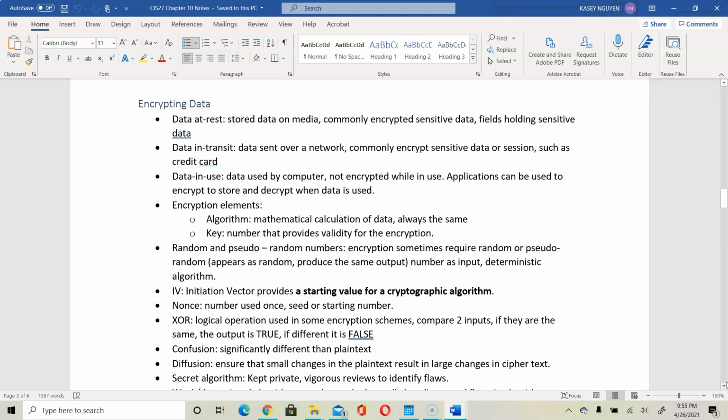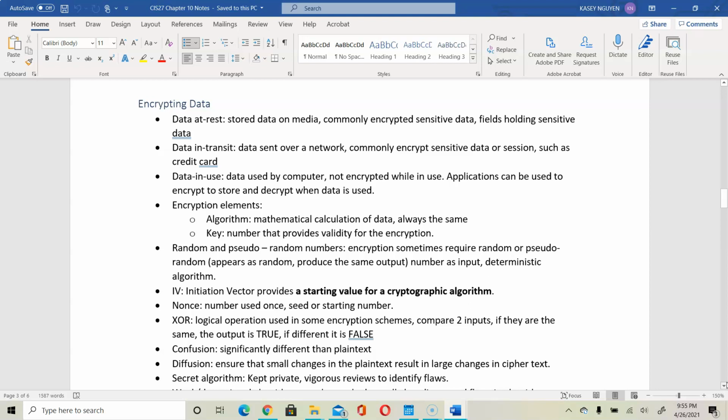Things that would be essential to the company operation, that would have sensitive information, blueprints, design, etc. And fields holding the sensitive data. The areas that depending on the container that could be holding the sensitive data. So we would actually encrypt the container, and we would add the data into the container, and the data would then inherit the encryption attributes.